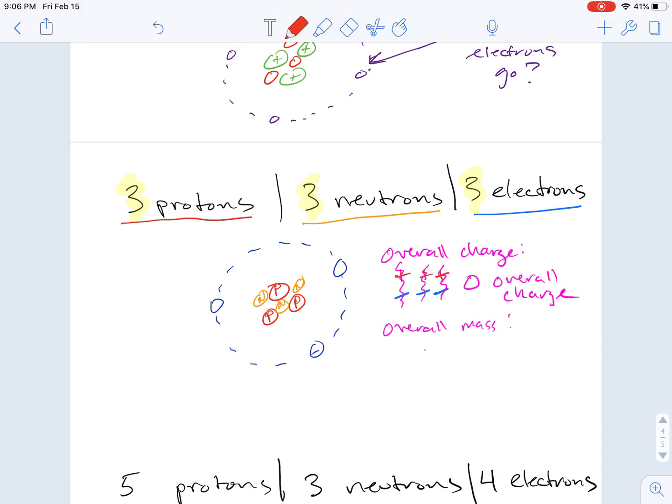So that is 3 protons. And then we can consider neutrons because we know neutrons have 1 mass, 1, 2, 3. So 3 plus 3, and our mass is going to be 6 mass units. And that's how we calculate mass.